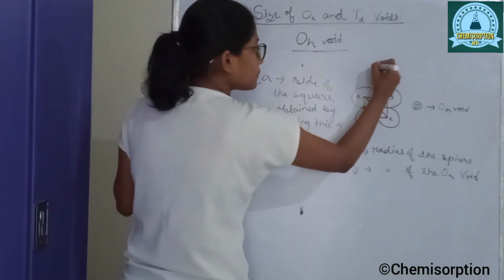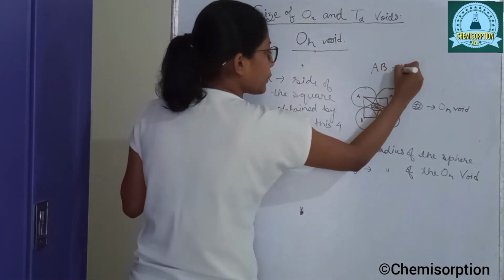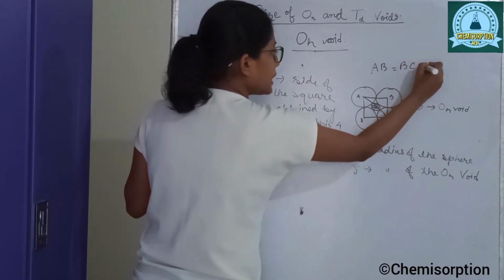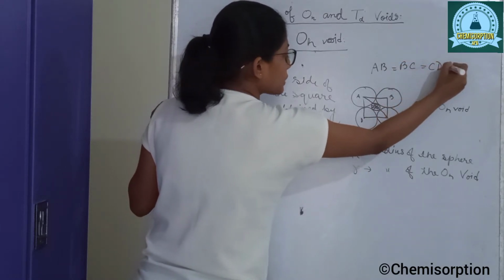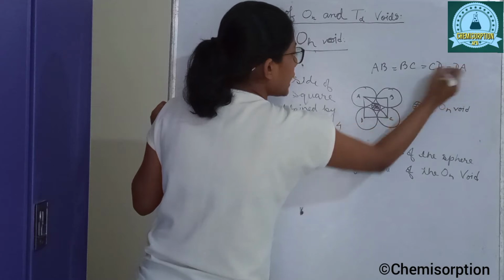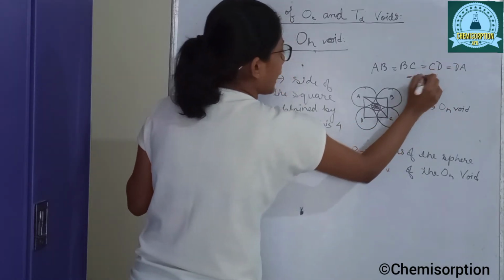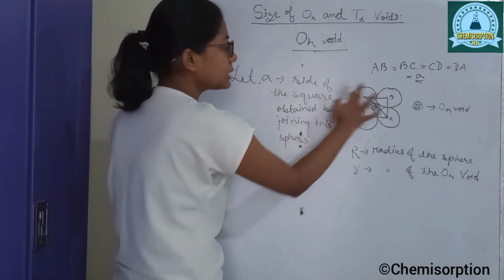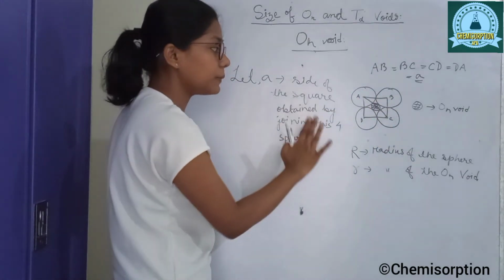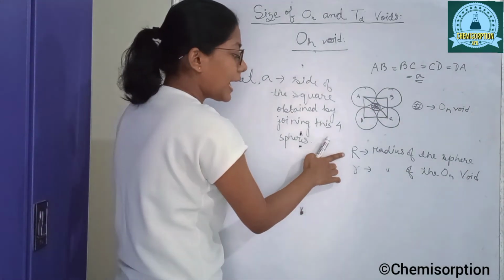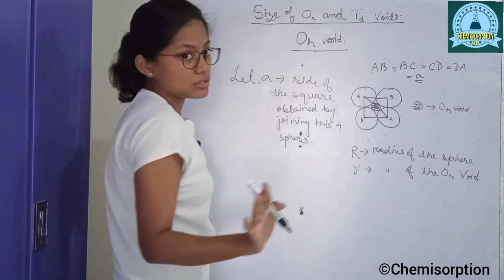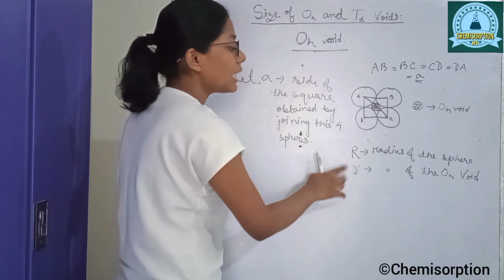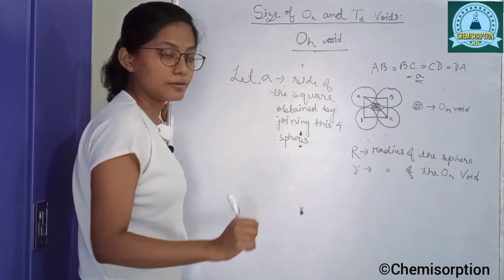So AB is equal to BC is equal to CD is equal to DA, all will be equal to a, since it is a square. So a is the side of the square obtained by joining these 4 spheres forming the octahedral void. And capital R is the radius of the sphere and small r is the radius of the octahedral void.